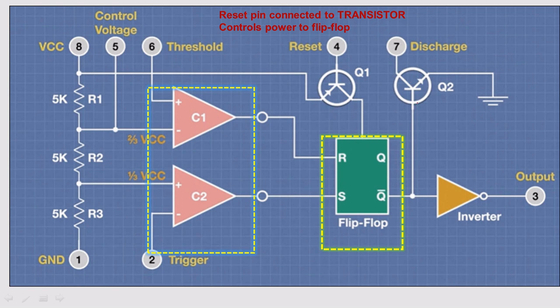The NPN transistor is named Q2 and the PNP transistor is named Q1. Here you can see it is connected to an inverter, and the inverter output is connected to the output terminal. So these are the important elements present in this circuit.